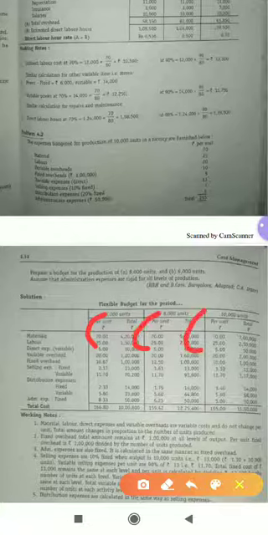Fine. So you multiply, then you will get 30,000, 40,000 and 50,000. Done. We are done with 3 items: material, labor and variable expenses direct. Next we can go for overheads, that is indirect expenses.